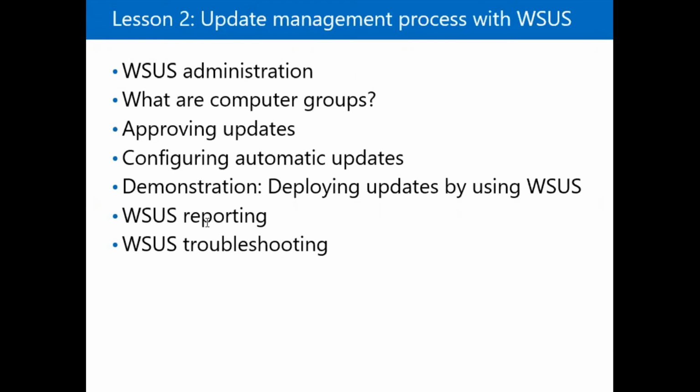Now, the update management process with WSUS. WSUS administration includes computer groups, approving updates, configuring automatic updates, deploying updates, using WSUS reporting, and troubleshooting. So these are the areas we're going to look at.